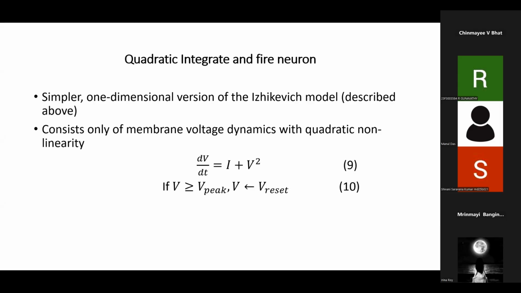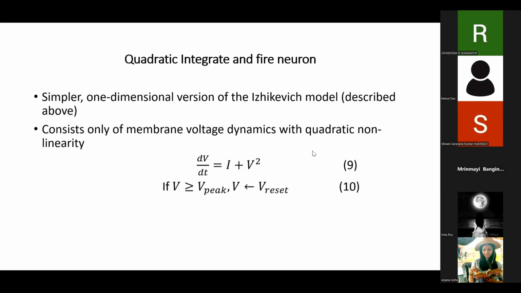Now what happens? If you just have the equation dV/dt equals I plus V squared, and if I is positive, it will blow up very quickly. V will blow up and go to infinity. Nothing interesting happens. So to avoid that blowing up, if V crosses a certain peak value, Vp, you reset it immediately.